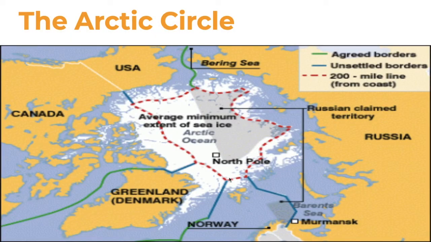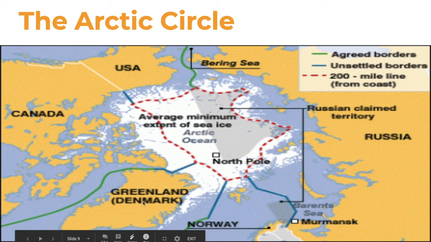You can see here the Arctic Circle with the different countries that actually have Arctic territory. The United States, Canada, Denmark by way of Greenland, Norway, and then Russia. Now, Russia has most of the coastline throughout the Arctic Circle, but here's what UNCLOS says. These countries have up until this red dotted line.